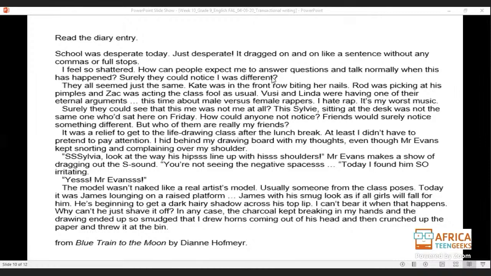Rod was picking at his pimples, and Zack was acting the class fool as usual. Vusi and Linda were having one of their internal arguments. This is about male versus female rappers. I hate rap. It's my worst music. Surely they could see that this me was not me at all. This Sylvie sitting at the desk was not the same one who had sat here on Friday. How could anyone not notice?